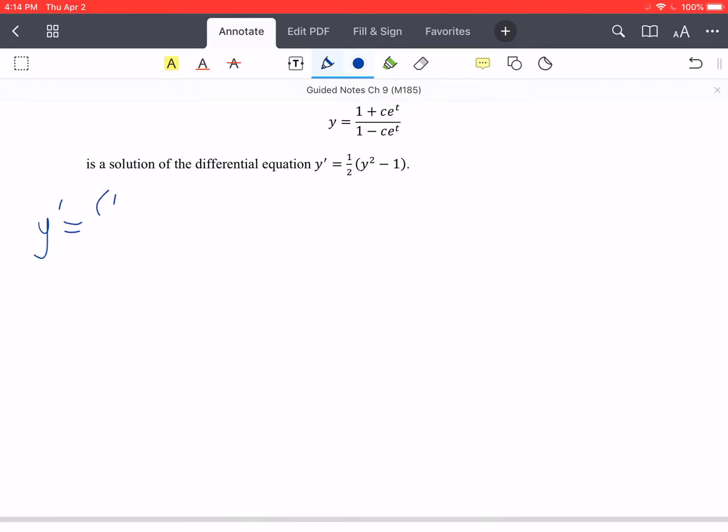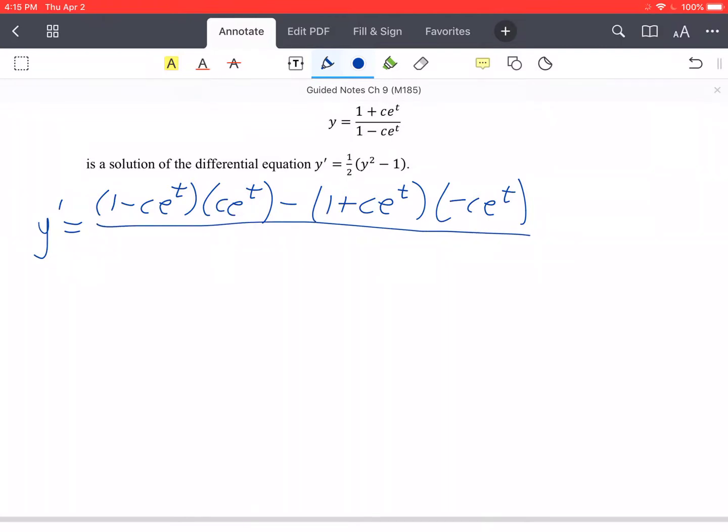So that's going to be low d high minus high d low over low squared.